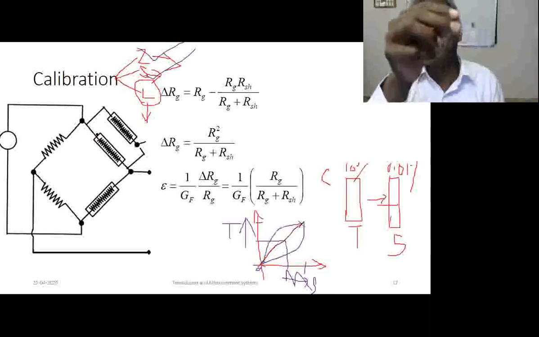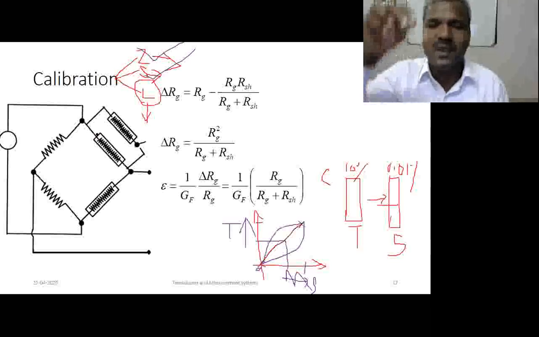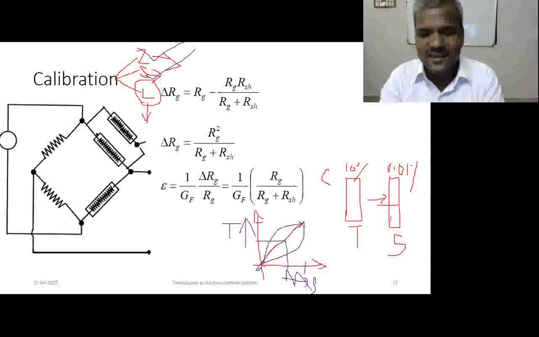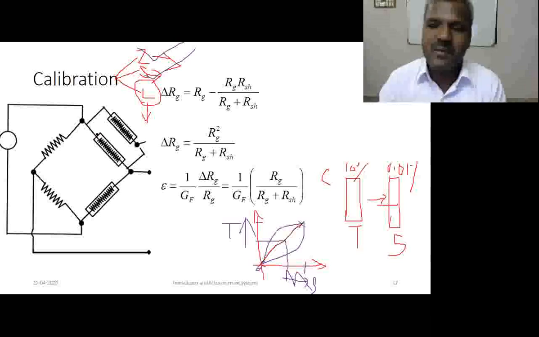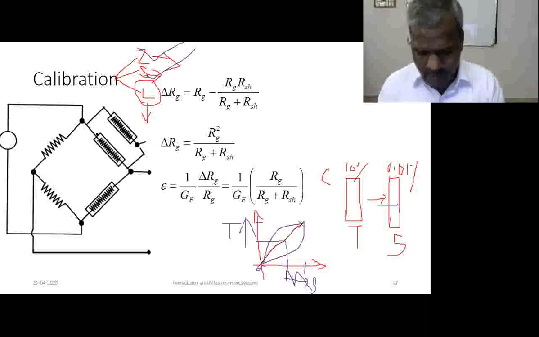When we bond this strain gauge to the process, say a cantilever beam, its property totally varies after bonding. So we may not be able to calibrate this strain gauge. For that, a simple procedure is suggested by the ISA.